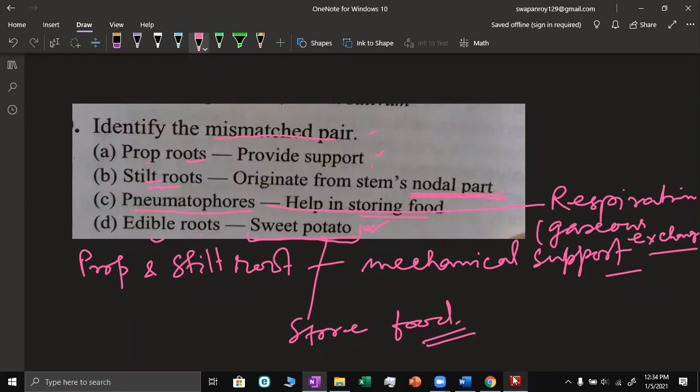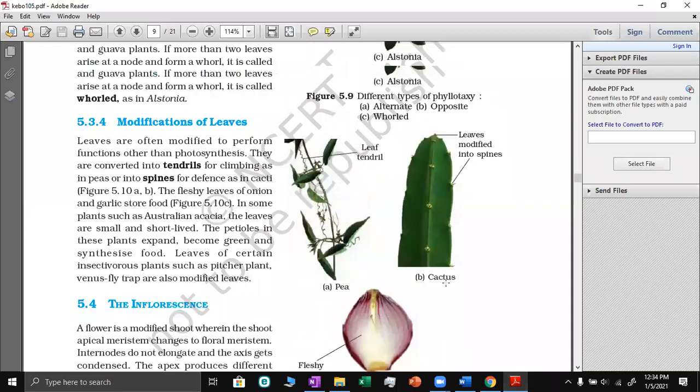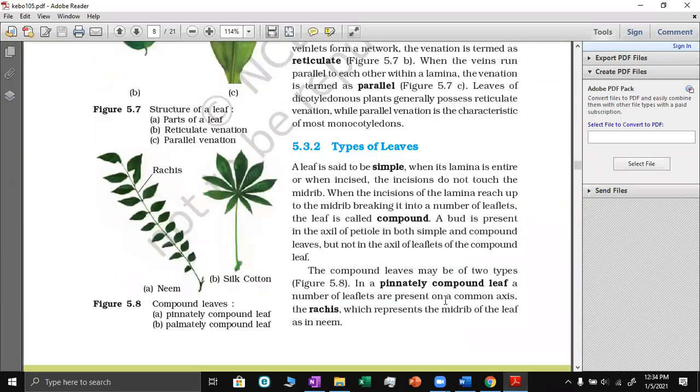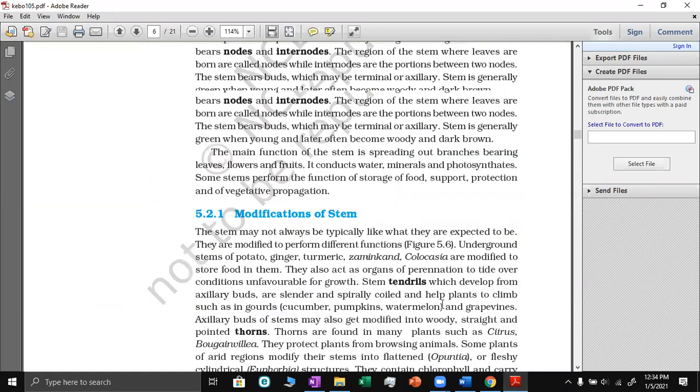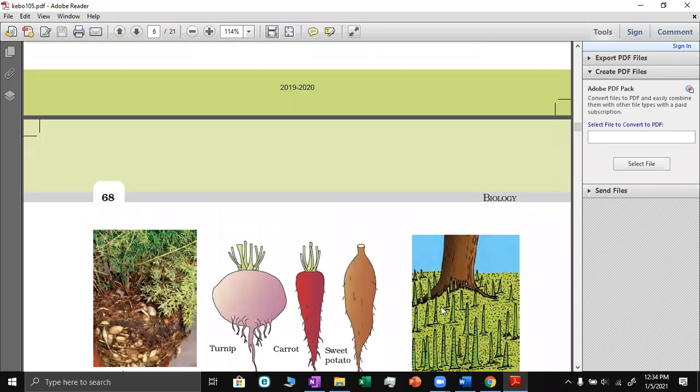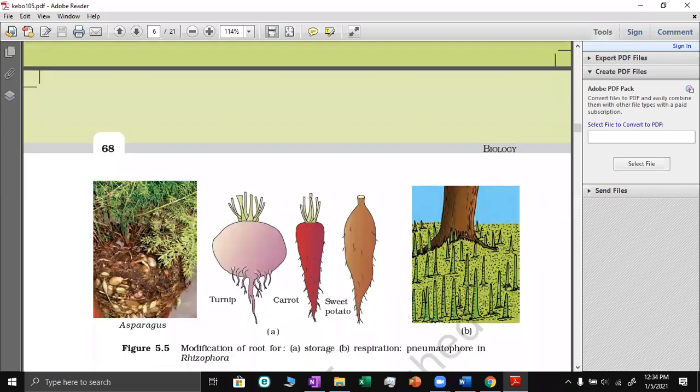So you can see this from your book, the pictures are there. These are the roots that store food material. And this is the pneumatophore. This one is the pneumatophore, so this is for respiration.